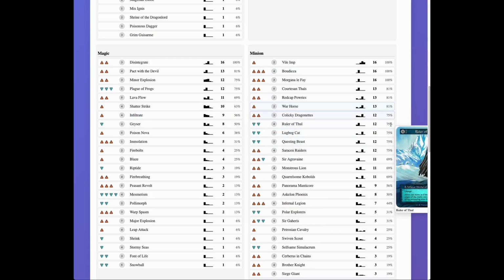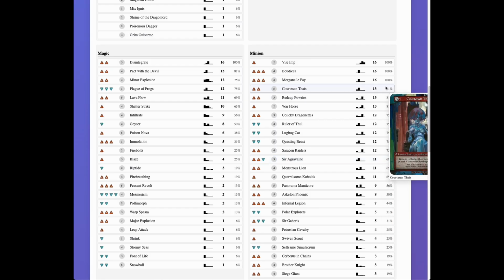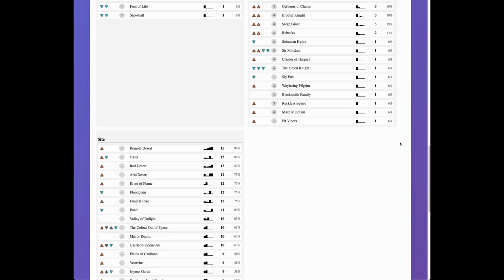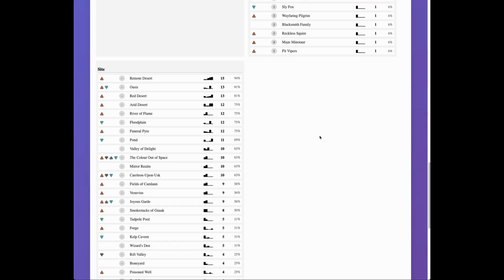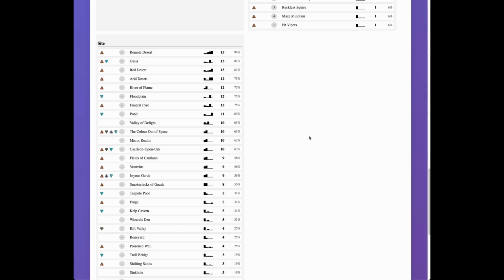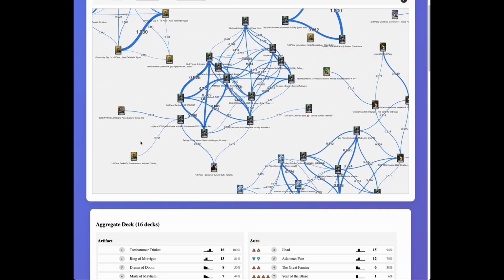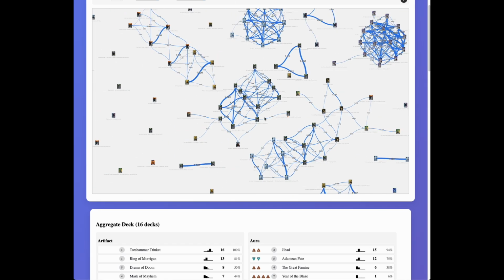With the minions, there's a lot that are all the strong, fast red ones and a couple of blue ones. So these are also not particularly surprising. They're all highly similar, it seems. And if we go down to the sites, again, not particularly surprising. These are all highly similar in this Steam Druid deck.